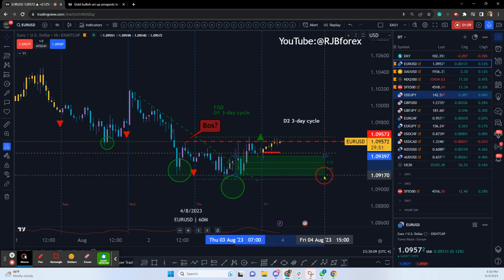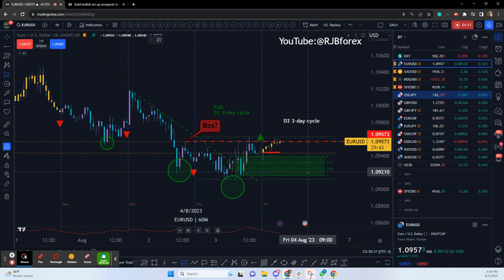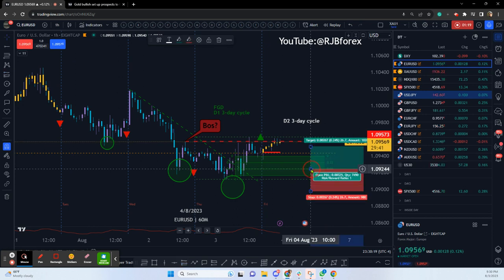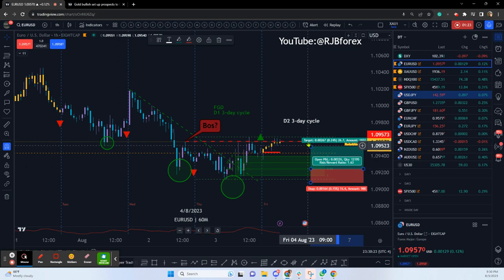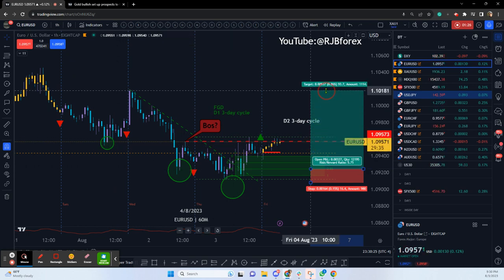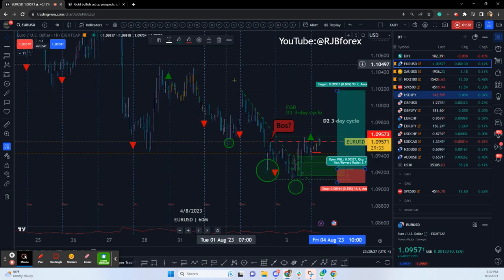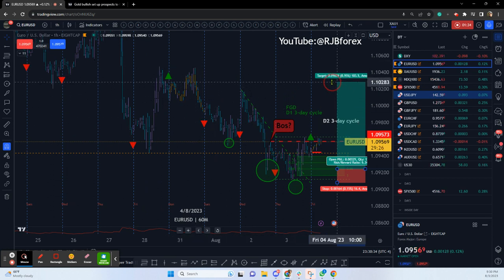A case for a move into the lower end of the origin of that break of structure, somewhere down in here, stop one of the lows, for a move right up into the start of the week's opening range, targeting stops.